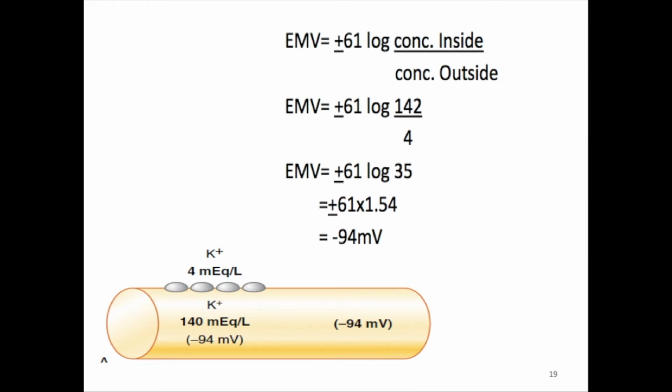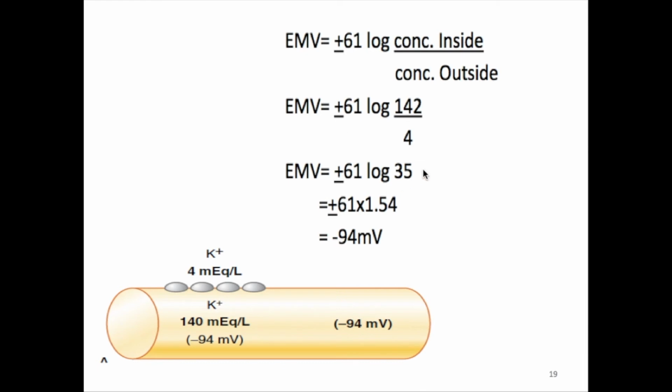The ratio of potassium ions from inside to outside the membrane is around 35, and this gives a calculated Nernst potential for the inside of the membrane of minus 94 millivolts, as you can see in this equation.